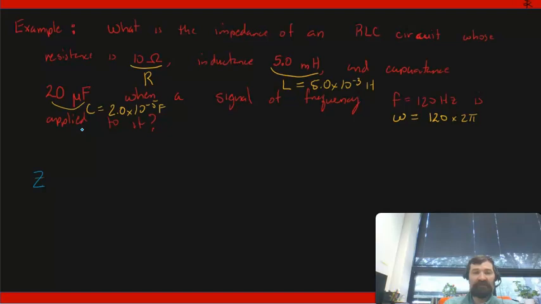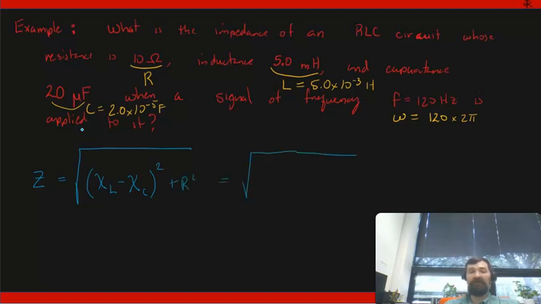So the impedance, again, is given by the square root of the reactances of the inductance, the inductive reactance, and the capacitive reactance subtracted from each other and then squared, plus the resistance squared, or using the formula obtained at the end of the last slide, we're looking at omega L minus 1 over omega C quantity squared, plus R squared.